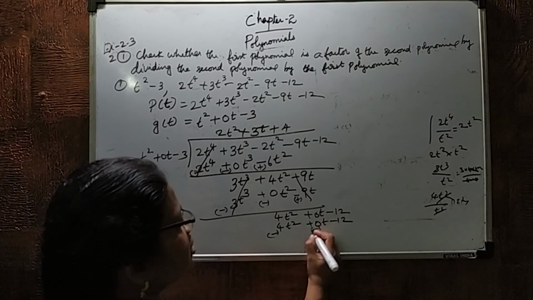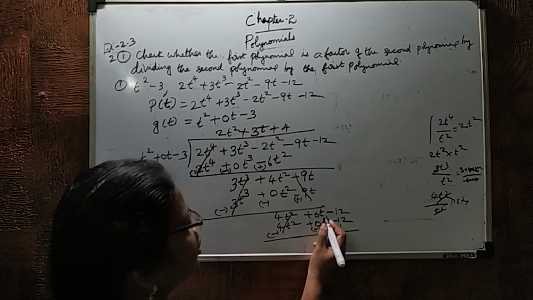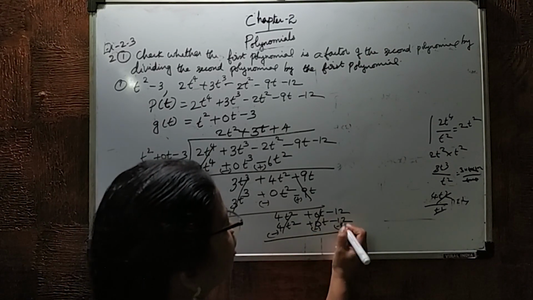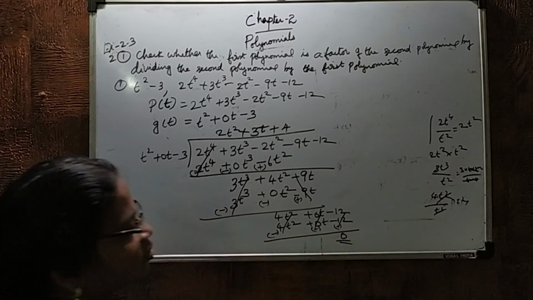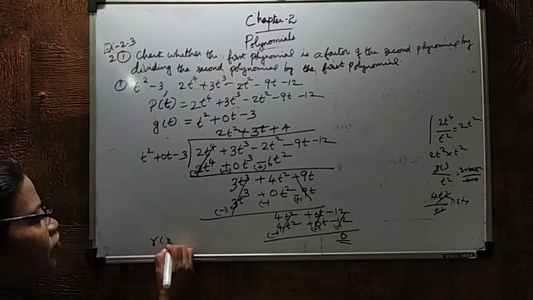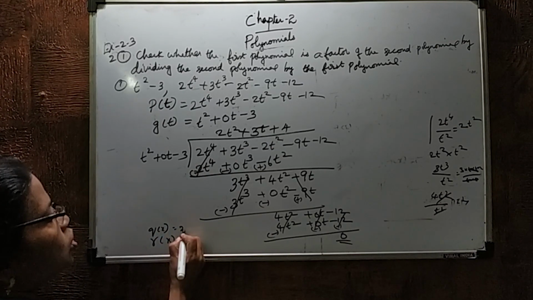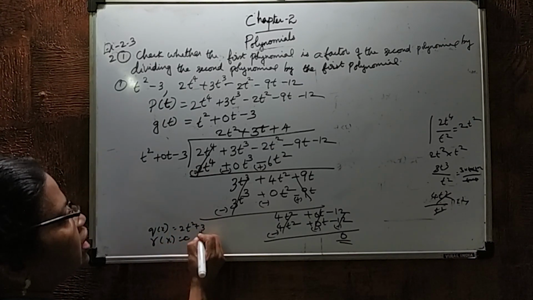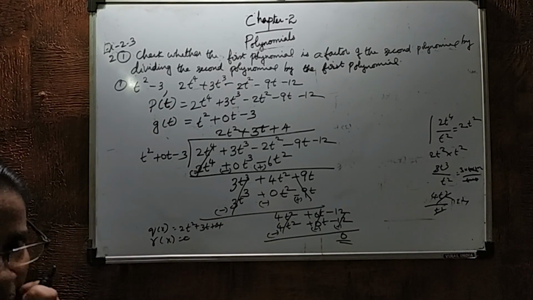Take the additive inverse. You will get the answer. Here it is cancelled. Here also it is cancelled. Here also you cancel. You get the answer 0 now. That means remainder is r of x is equal to 0 and q of x is equal to 2t square plus 3t plus 4. What is the next step we have to write?